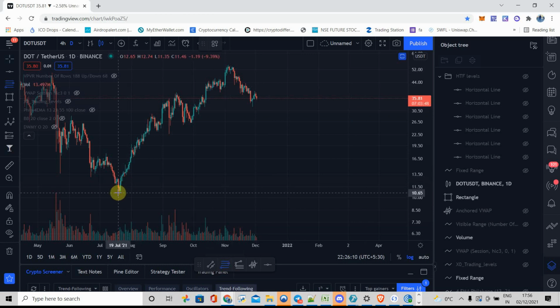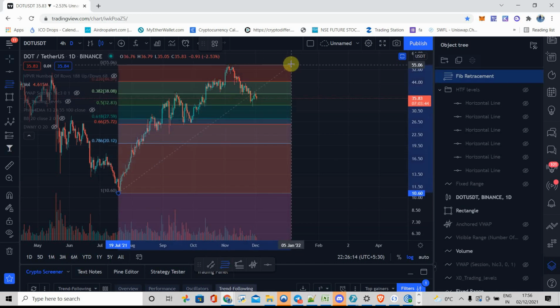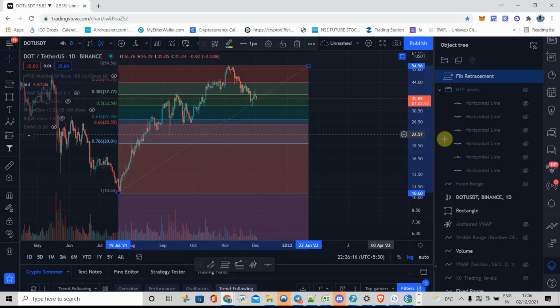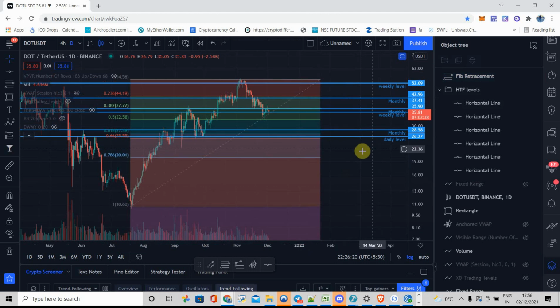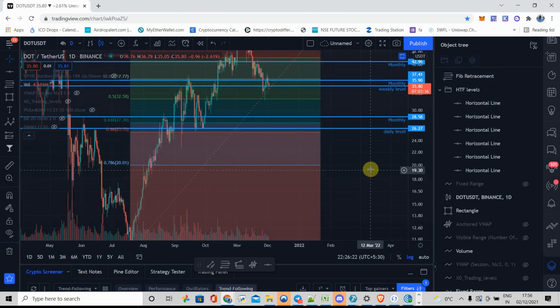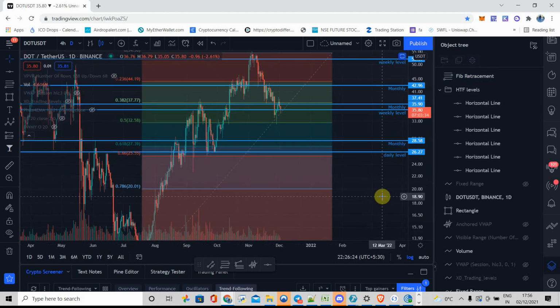From the start of the trend I will draw the fib and I will unhide the higher time frame levels. This 38.2 level is in confluence with the monthly level which is already acting as a resistance.